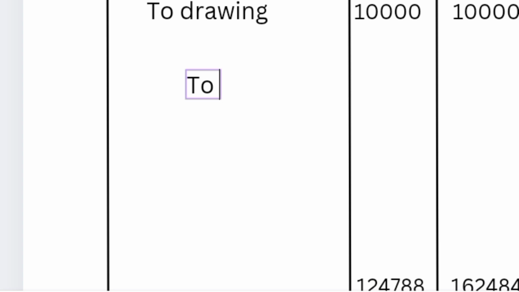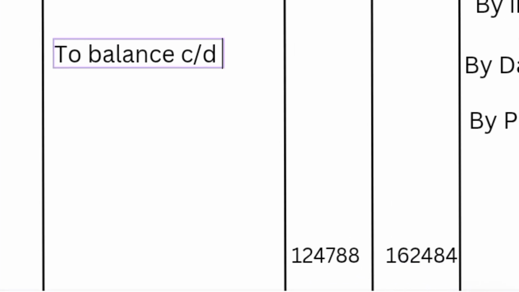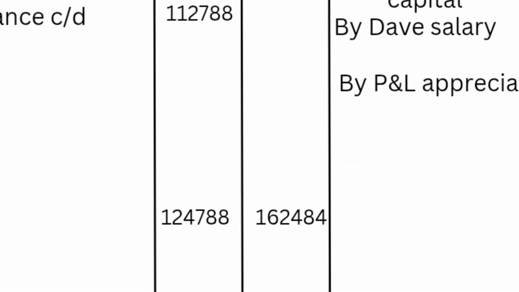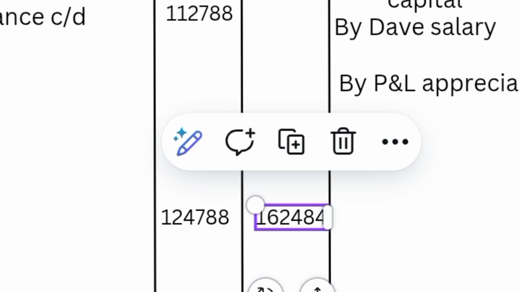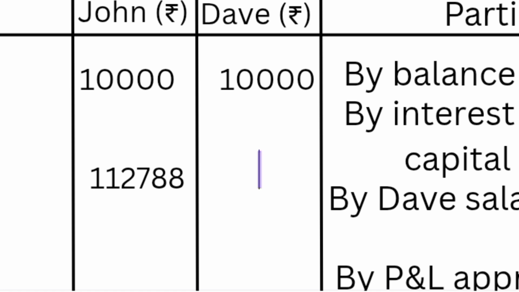So the balance carried down will be 1,24,788 minus 10,000, which is 1,14,788, and 1,62,484 minus 10,000 is 1,52,484.